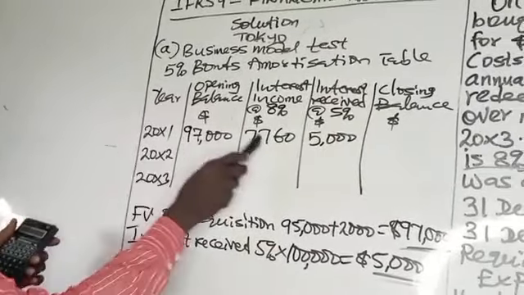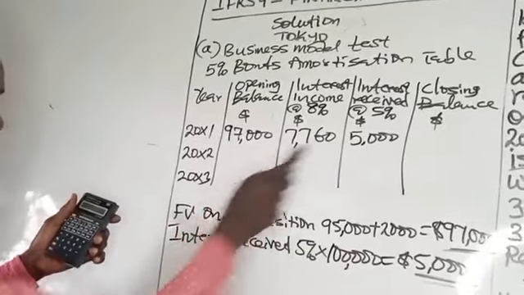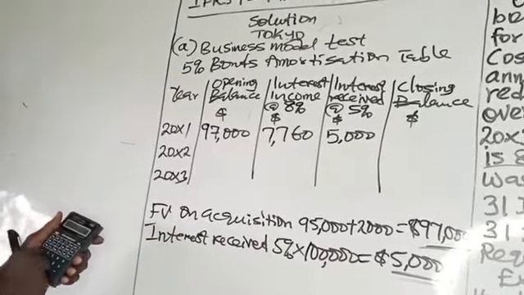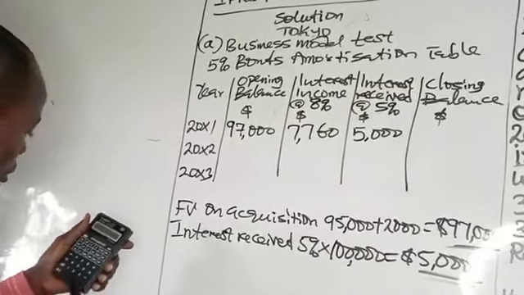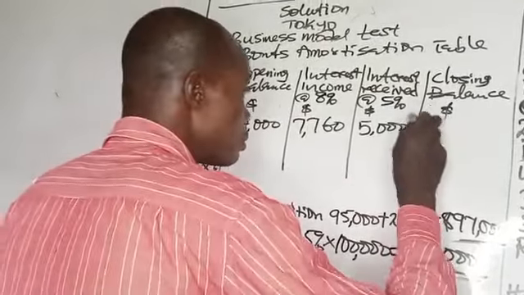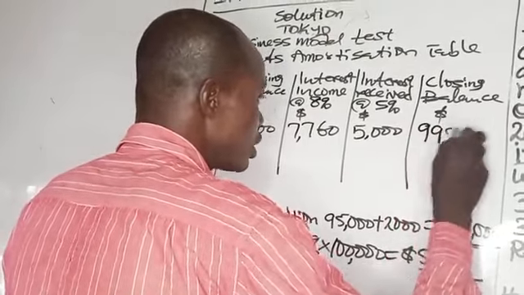97,000 plus 7,760 minus 5,000 gives us 99,760.